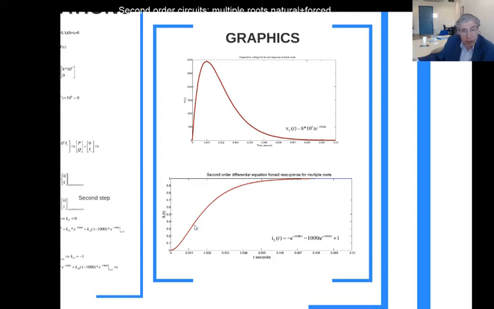Because this independent source is a DC source, there is going to be a particular DC solution that is seen in the current here. Therefore, this element current does not go to 0, it goes to a constant value, that is 1. That's the particular solution.